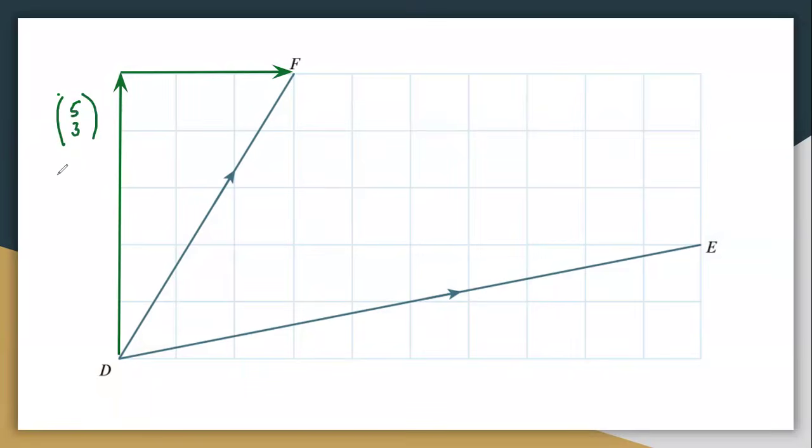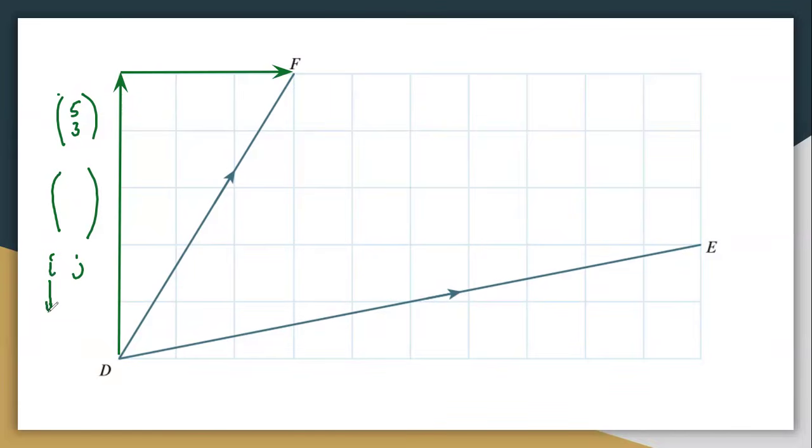Imran, how do we write vectors? Which component do we start with? I and J. On your 5 and 3, what is your I? Which direction is I?